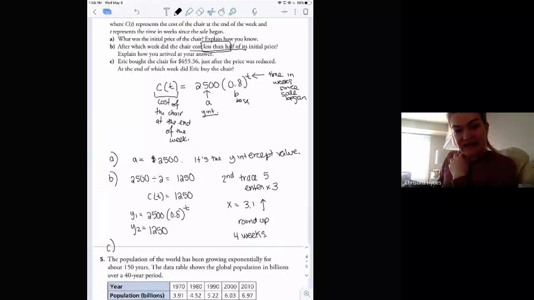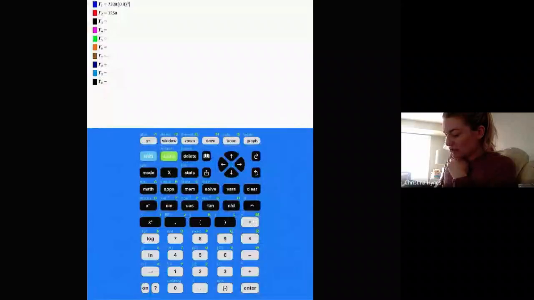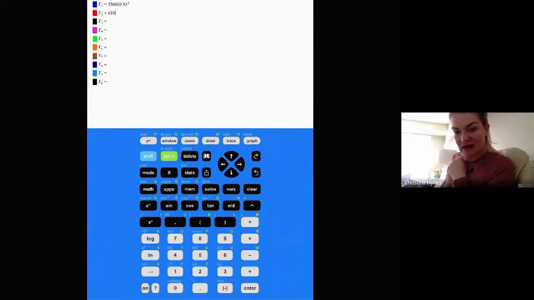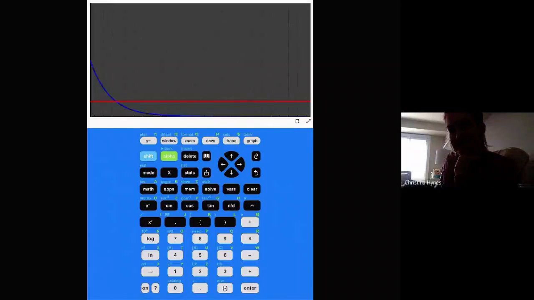Same example as B, you're going to go Y2 instead is 655.36. Okay, so same exact steps as B. Go to your graphing calculator, go to Y2, clear whatever you have there and put 655.36. Then you want to graph it and find this intersection.